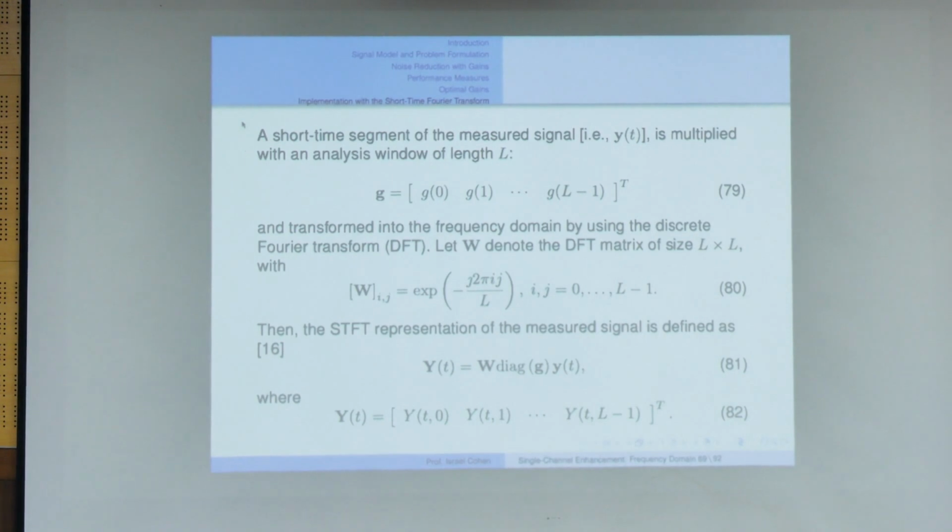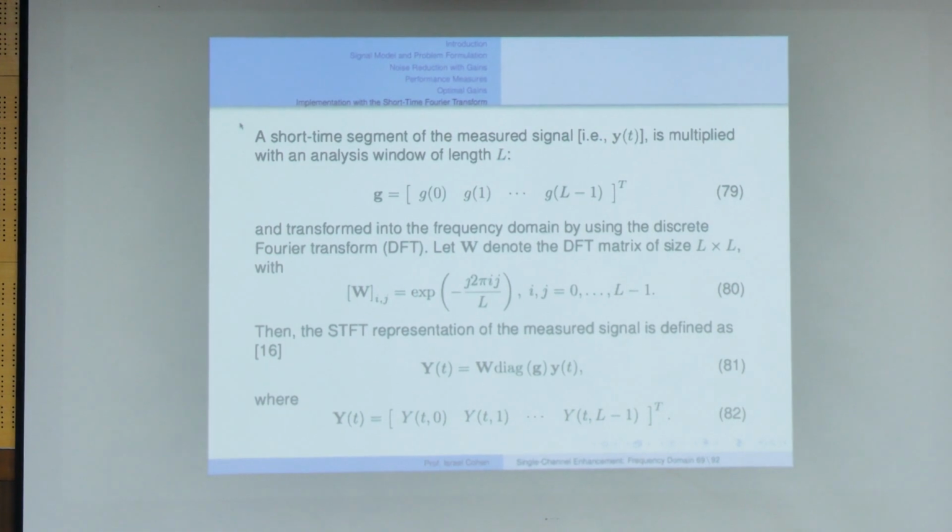Suppose that we choose here an analysis window of length L. Common analysis windows are the Hamming window and similar windows. So you have selections of windows. And then once you use an analysis window, you will also have to choose a window for the inverse short-time Fourier transform based on this window. Okay? And we will discuss how to compute the synthesis window.